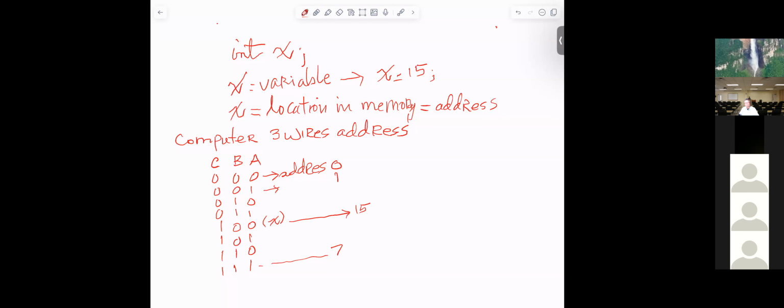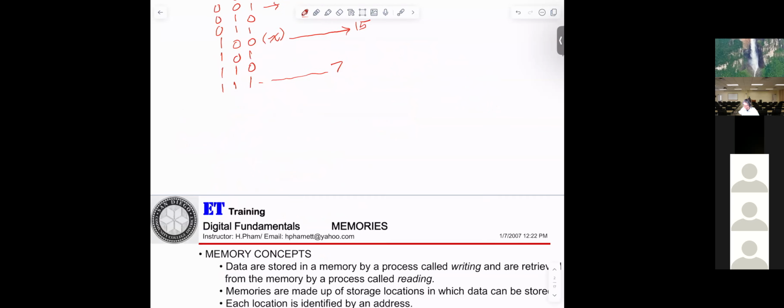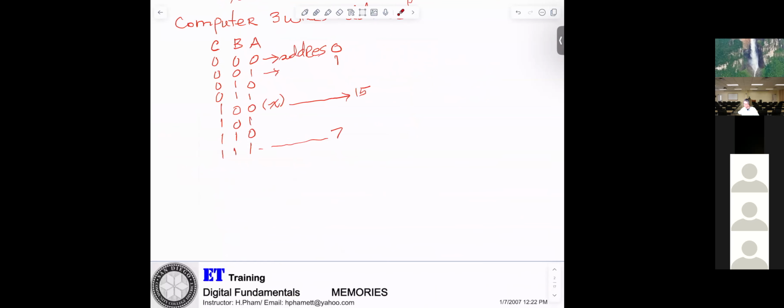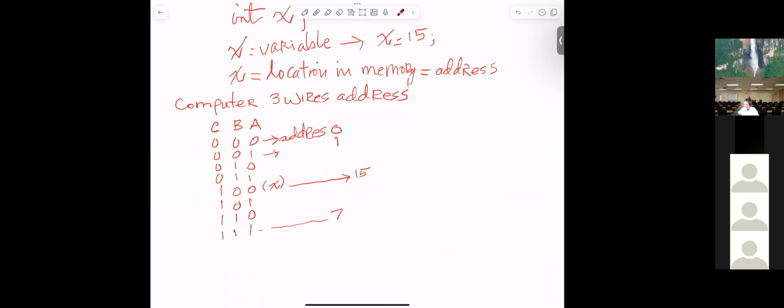So basically, just a location. So you can write data. That means you write data into the location X. And if you're reading data from location X, you can get number 15.